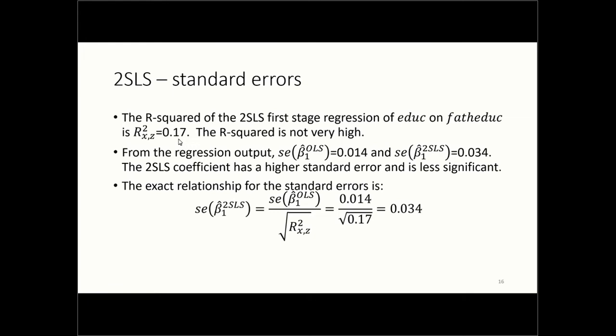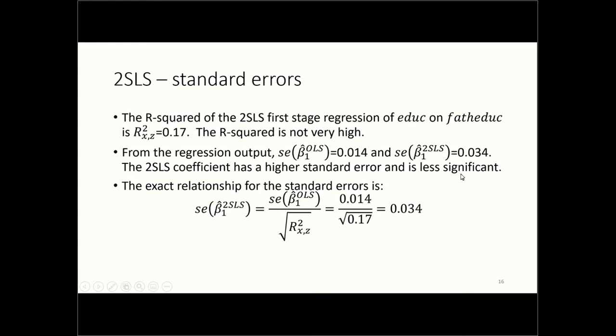There's not a very strong relationship between education and father's education. And from the regression output, we also saw the standard error of the OLS coefficient was this, but the standard error of the two-stage least squares coefficient was this.